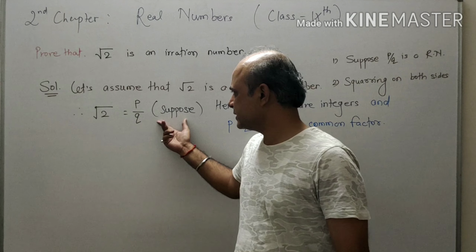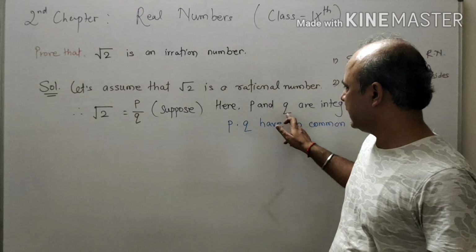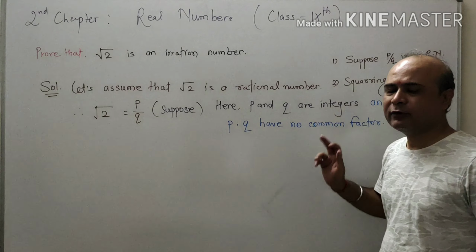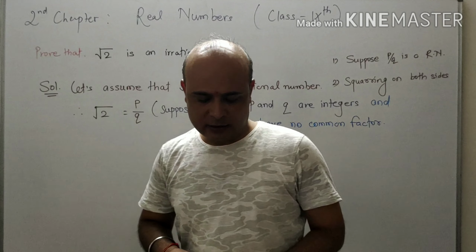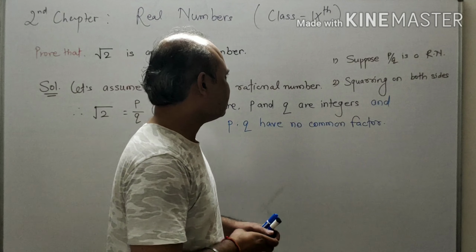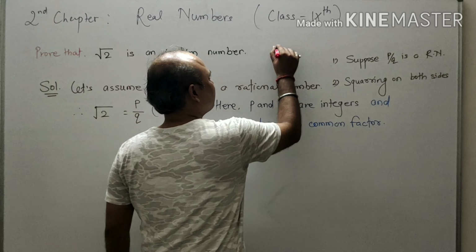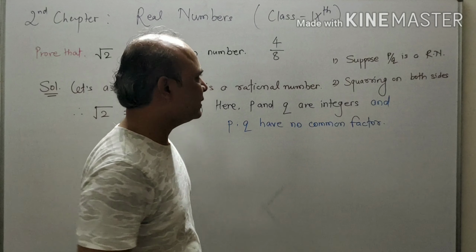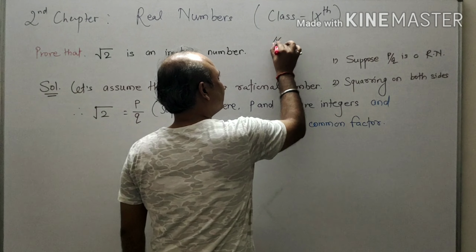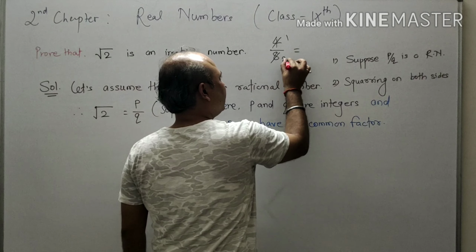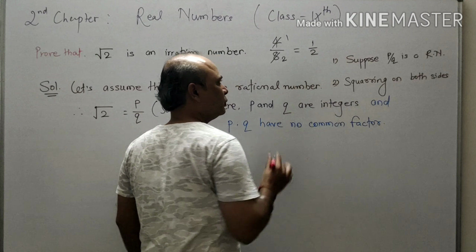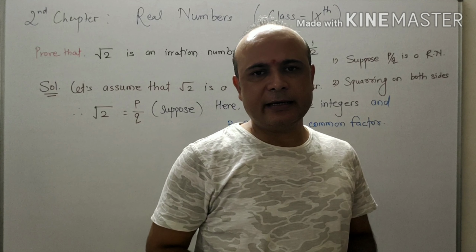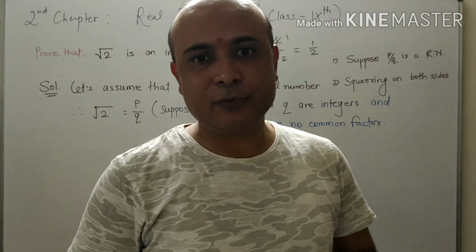Here p and q are integers, and p, q have no common factor. For example student, if I write 4 upon 8, when I divide, 4 1s are 4, 4 2s are 8, so this will be 1 upon 2. So 1 and 2 do not have any common factor except 1.